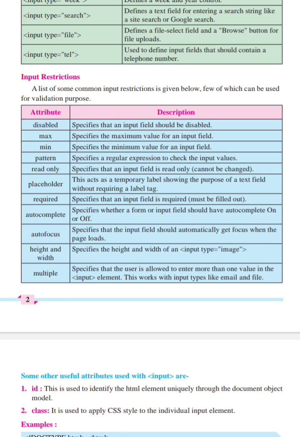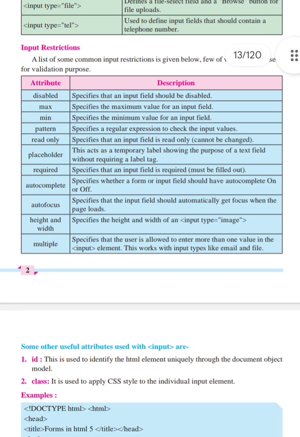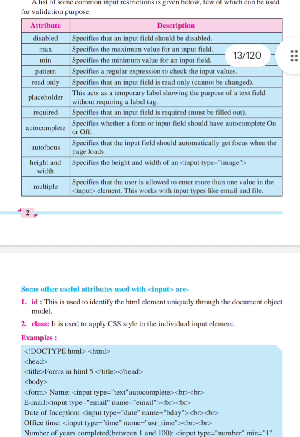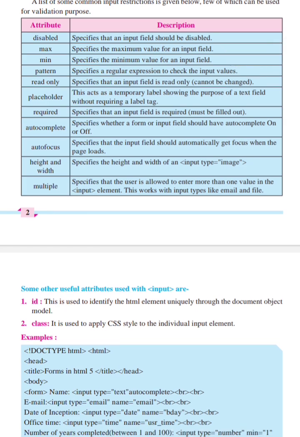Now we have some restrictions also, input restrictions. A list of some common input restrictions is given below, few of which can be used for validation purpose. In one column we have the attribute, in another we have the descriptions. The disabled attribute specifies that the input field should be disabled, so that no data can be entered.